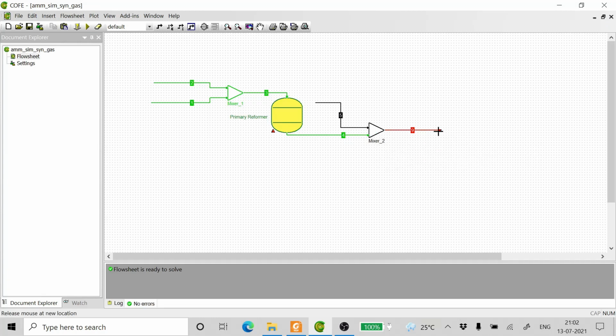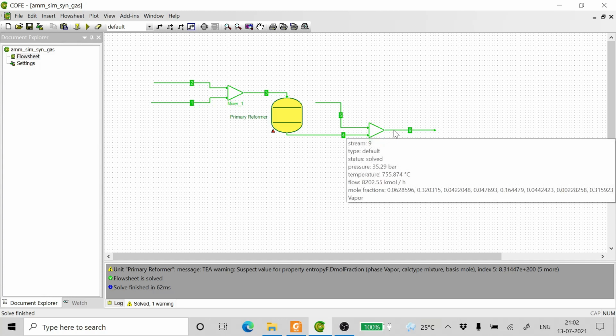Now we run the simulation to get the output of mixer number 2. And there we have got the output of mixer number 2. Now this is at a temperature of 755.